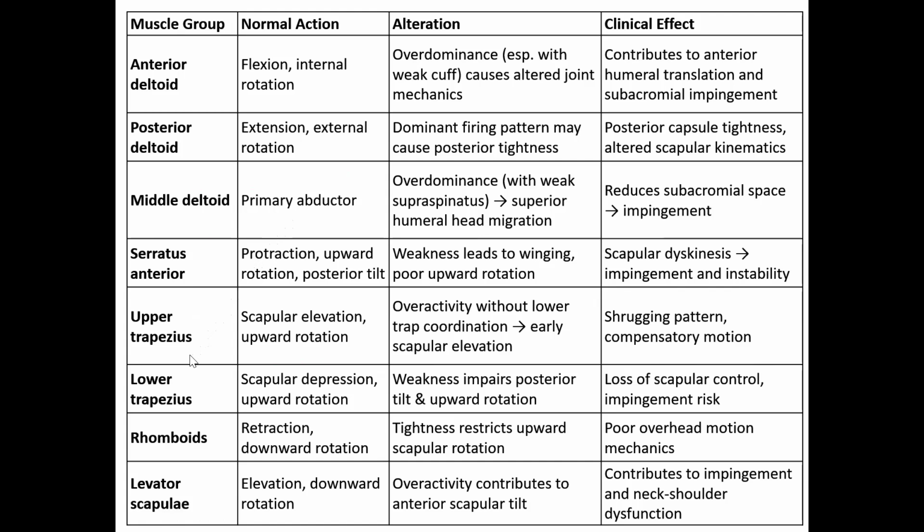Similarly, the middle deltoid, which is the primary abductor, and again, just because of the weak supraspinatus, there is deltoid dominancy, because supraspinatus is also an abductor. If there is weakness of the supraspinatus, obviously there will be more activity by the deltoid, so there will be overdominancy, and that will lead to superior humeral head migration, और उसकी वजह से there will be a decrease in the subacromial space, which will lead to the impingement.